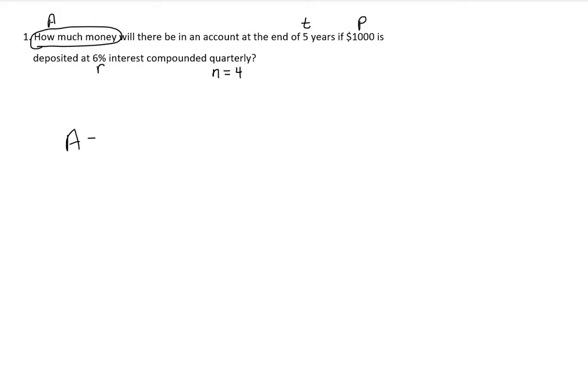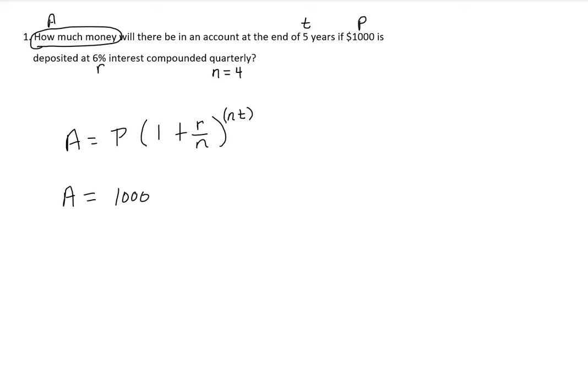So I like to start off these problems by writing down my formula. And depending on the calculator you have, you may need to put that exponent n times t in parentheses. But now we're going to just plug in all of our values. I don't know what A is. That's what I'm trying to find.